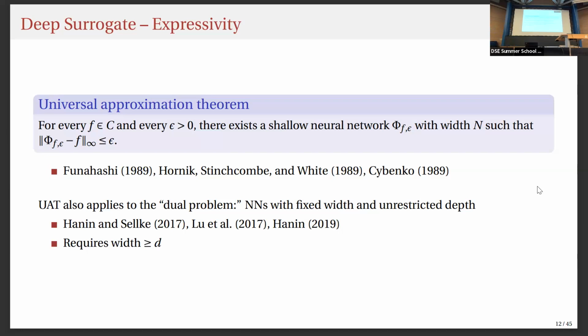You basically can find neural networks with fixed width, or an upper bound on the width anyway, and unrestricted depth, such that you can achieve the same approximation accuracy. In fact, I'm going to come back to this a little later in terms of the pros and cons, more of the pros of using a deep network as opposed to a shallow network.